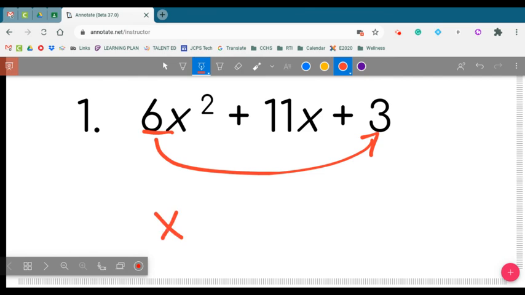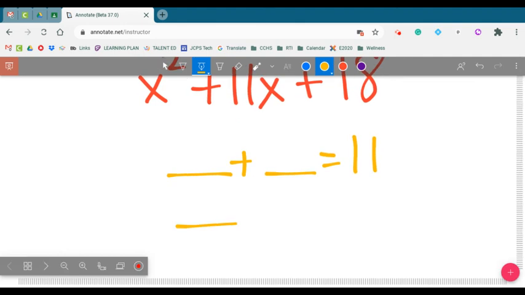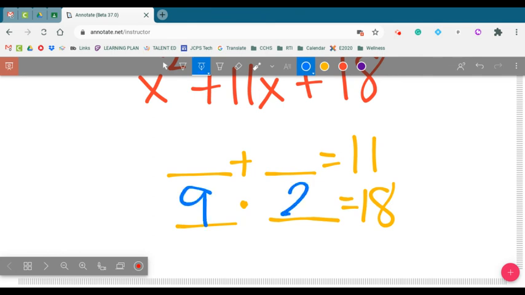I multiply, so I'm going to get x squared plus 11x, and 3 times 6 is 18. Then I factor. What plus what equals 11, and what times what equals my c value, which is 18. This is going to be 9 and 2.